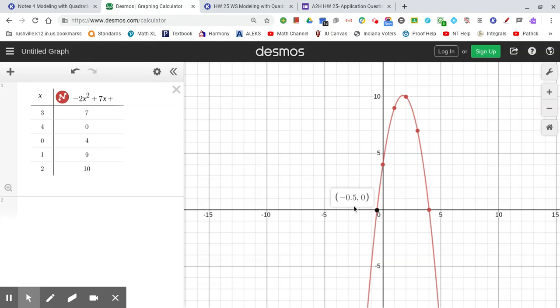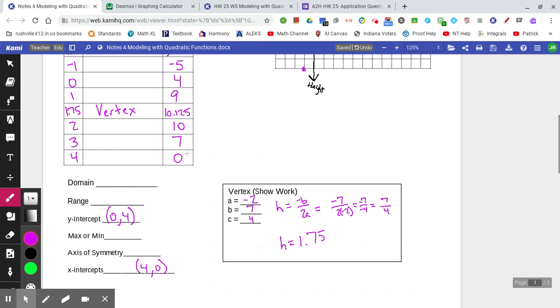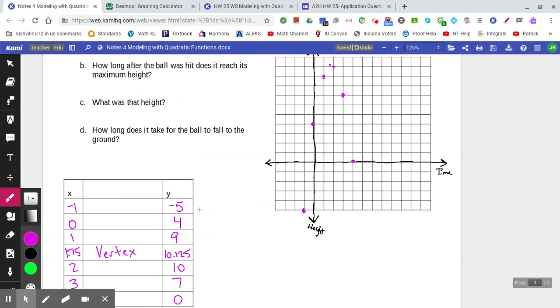I can click on it, and it's at negative 0.5. So this is going to be at negative 0.5, 0. That's the only other point that I need to include, at negative 1/2, on the x-axis. And then, the best that you can, connect these with a U-shaped curve.